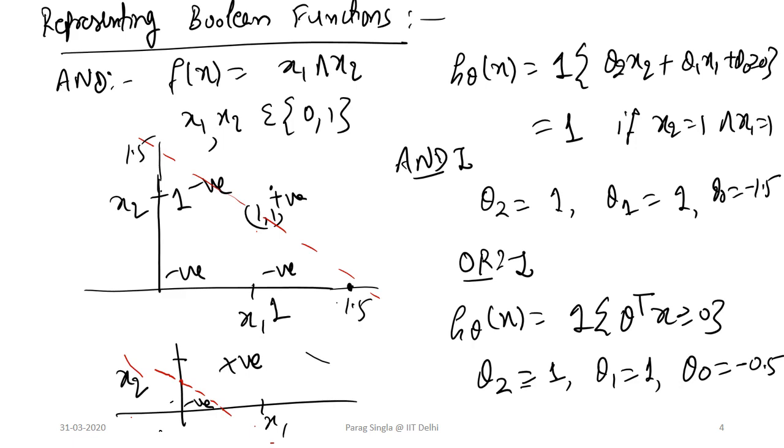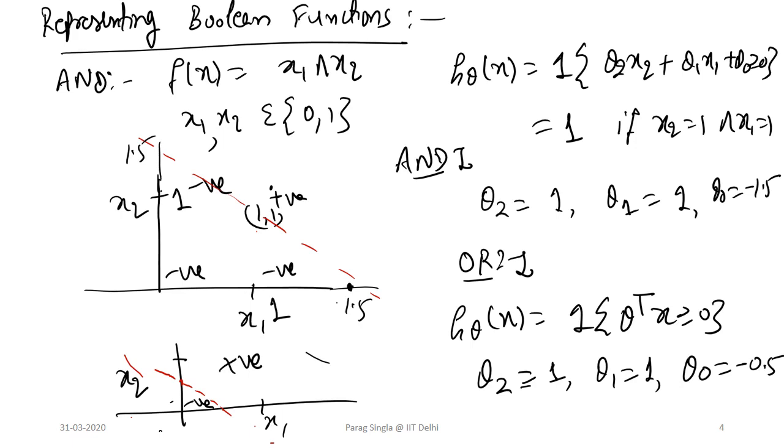This is x1, this is x2, and this is 1, this is 1. In this case, this line should pass through these points, and anything above this line is now positive, and anything below this line is negative, which is essentially 0, right?